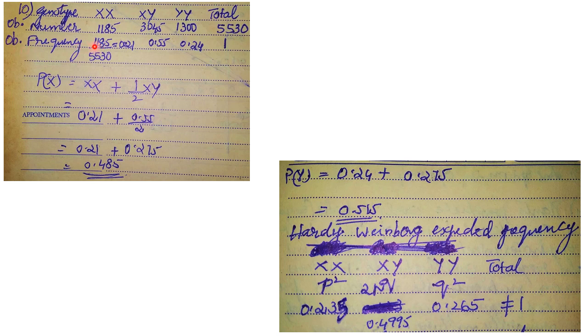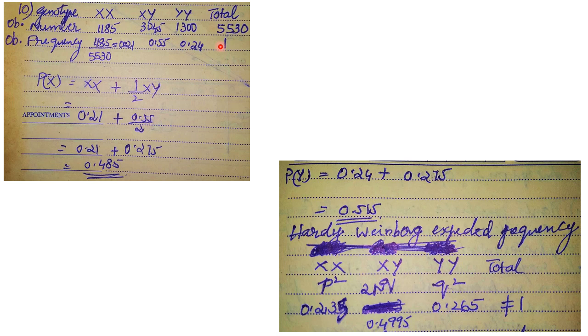So observed frequency will be 1185 divided by 5530. It will be 0.21. Similarly for XY and YY also calculate and you will get these values. Now if you add up these values, it is coming up to 1. So observed frequency is in Hardy-Weinberg equilibrium.